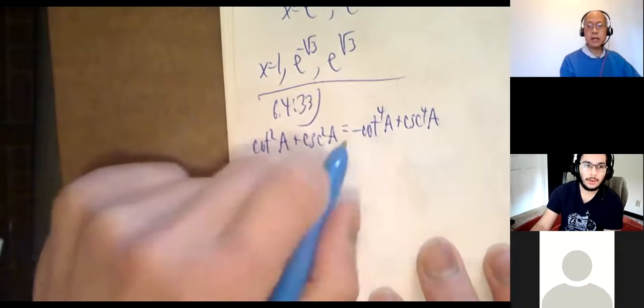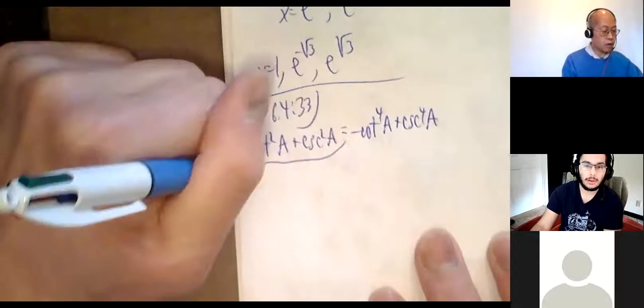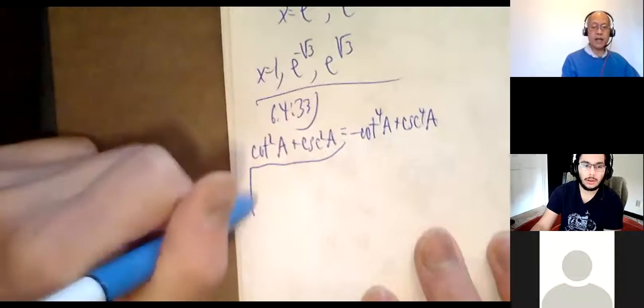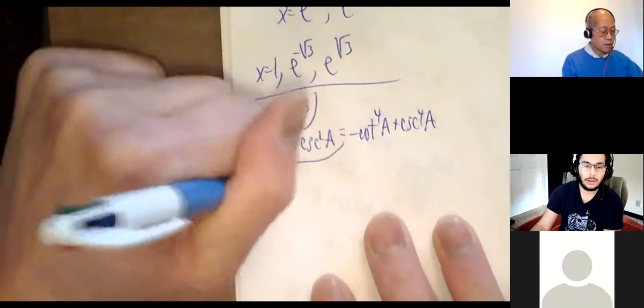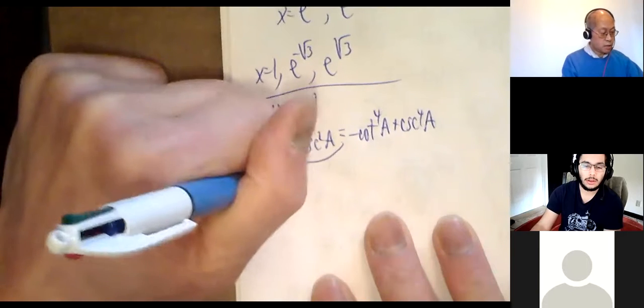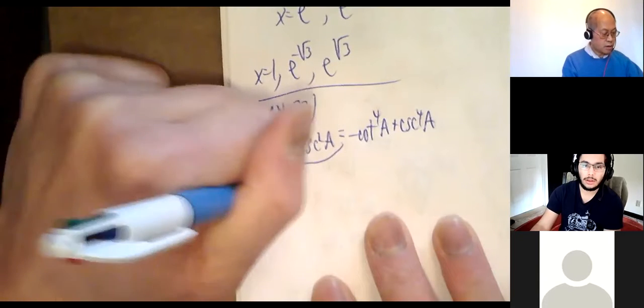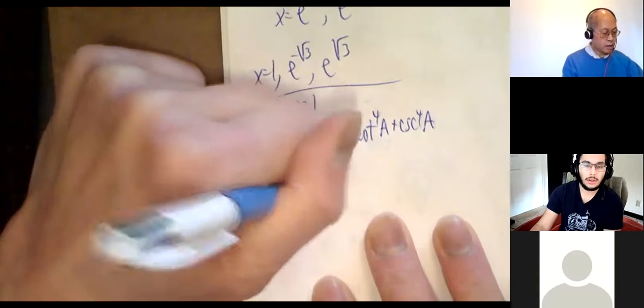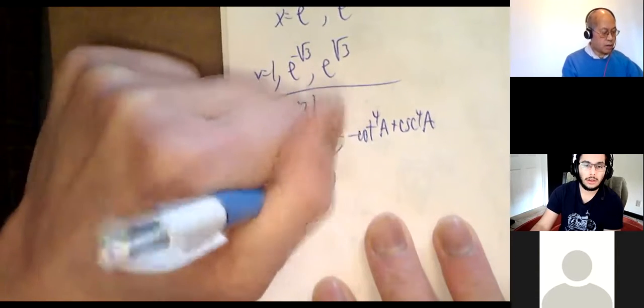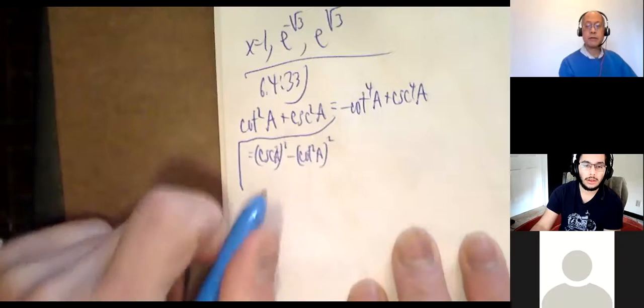Okay, now this looks like the difference of squares. I'm only going to work on the right side, so my dividing line is going to be here. This is cosecant squared of A squared minus cotangent squared of A squared.